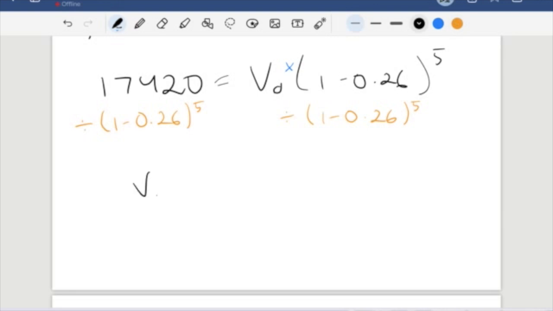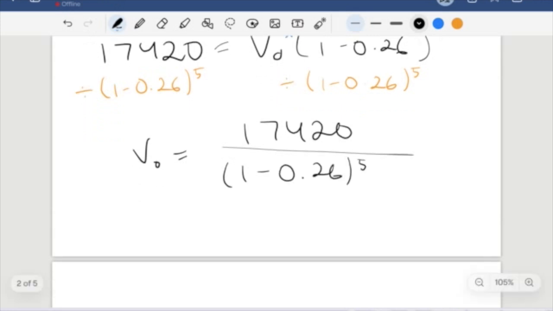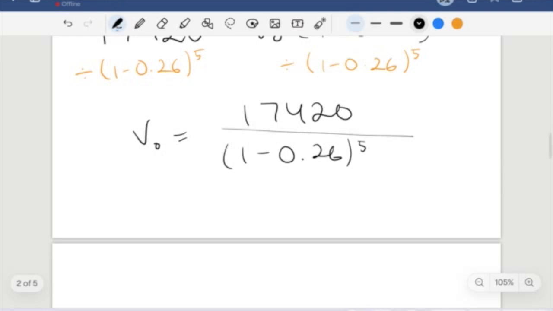So, this is just a one-step equation. So our V0, we're going to get 17,420, all divided by 1 minus 0.26 to the power of 5. Okay, once I divide that through, I'm going to get, to the nearest dollar, $78,504 approximately.